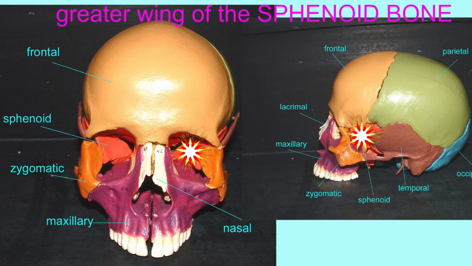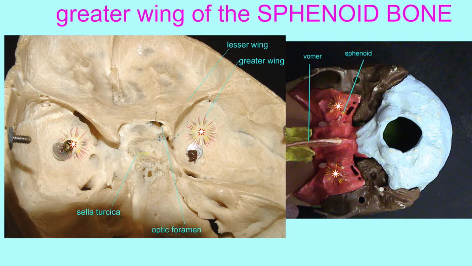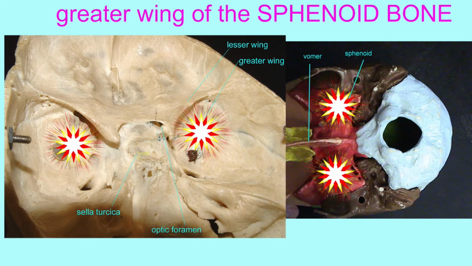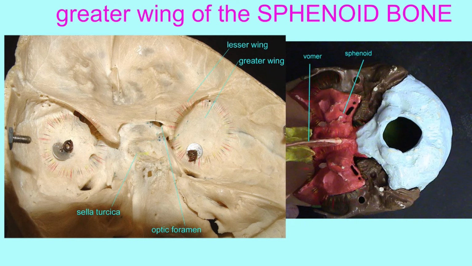The large greater wings can be observed in the posterior of the orbit, in the lateral view of the cranium, so visible on the lateral surface of the cranium, making up much of the cranial cavity when viewed from the internal base of the skull, and also visible from the inferior view of the skull.